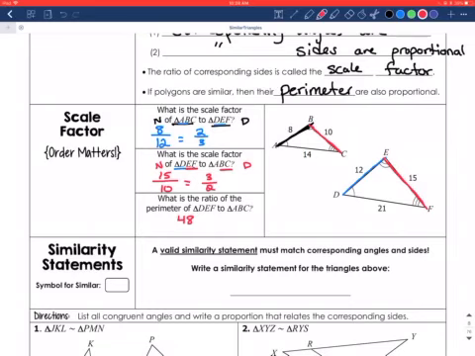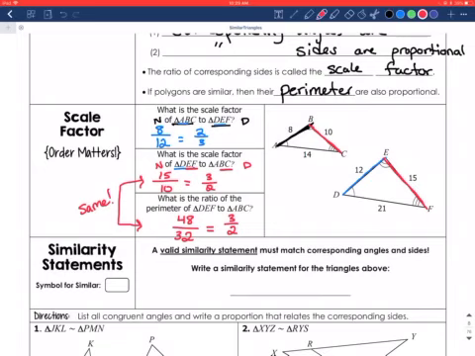And then the perimeter of this other one would be 18 plus 14, which would be 32. There we go. Brain's not working this morning. So then we just simplify that out, and we could divide both of those by 16, and that will give us 3/2. So you notice that when we put DEF first, these are the same, right?